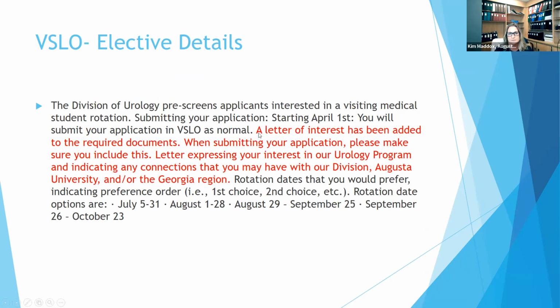So we ask for a letter of interest. We have added that document to their other documents in there that they have to upload. The letter of interest helps us get a better understanding of, do you have any connections to our division, Augusta University, or even the Georgia region? Why do you want to come to Augusta, Georgia to do a sub-I?